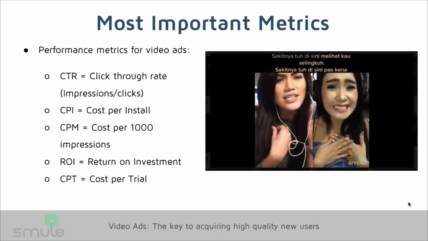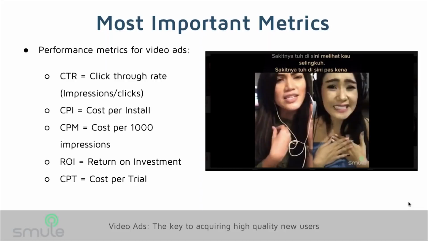So to go over some important metrics that I think a lot of UA teams and managers will already be familiar with, but for Smeal, we do have a couple that might be a little different. Click-through rate is very common. Cost per install, sometimes effective cost per install if you're paying on a CPC or CPM, which is cost per click and cost per 1,000 impressions.